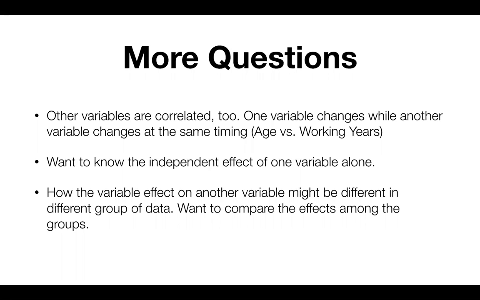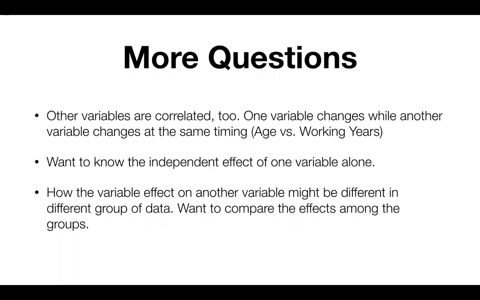Another thing, not necessarily particular to multiple regression, is that we see total working years is important here. But is it the same in every single department, in this case the sales department, R&D department, and HR department?